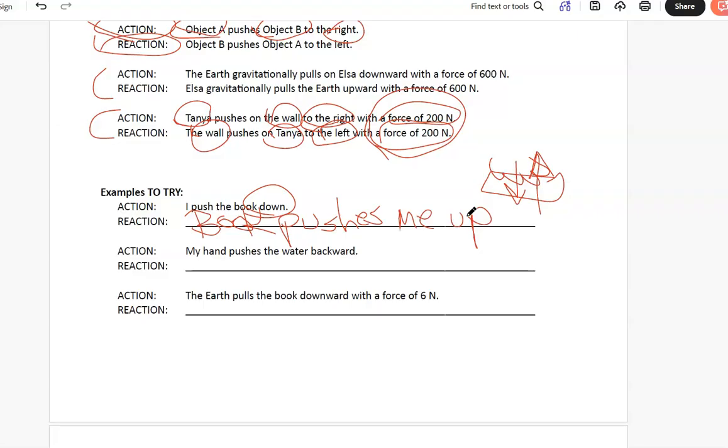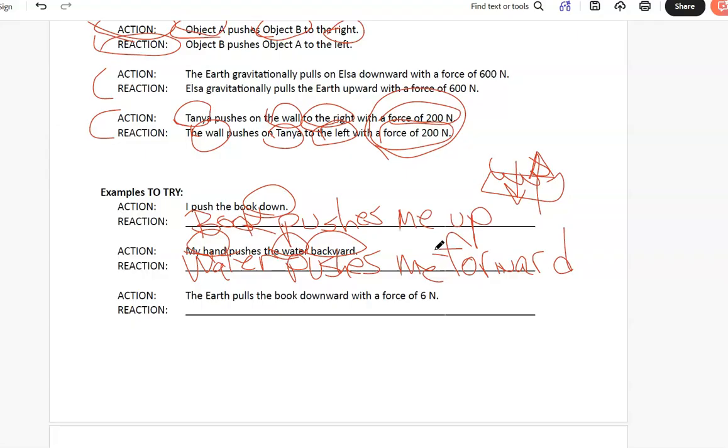So if your hand is pushing the water backwards, then the water must be pushing you. The water pushes me forward. And in fact, Newton's third law is the reason why you can get out of a pool if you're sitting on a raft in the middle of the pool.